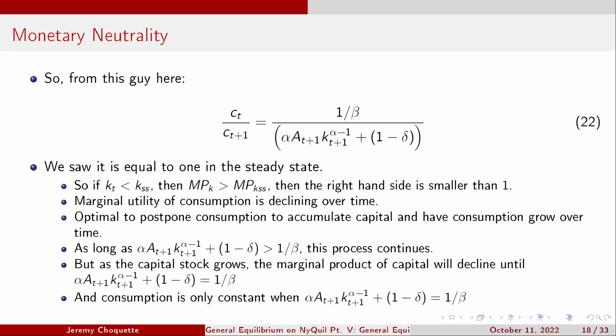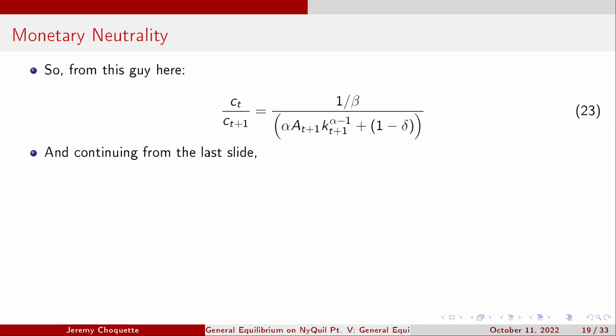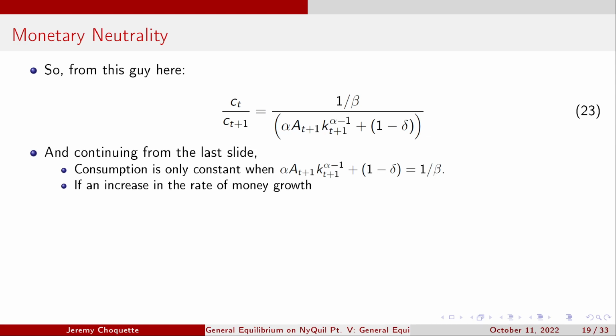And consumption is only going to be constant when the marginal product of capital less depreciation is equal to 1 over beta. So from this, and continuing from the last slide, consumption is only constant when the numerator and the denominator of the right-hand side of equation 23 are equal.